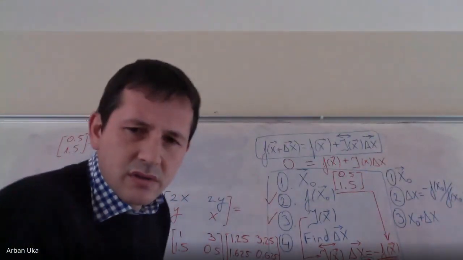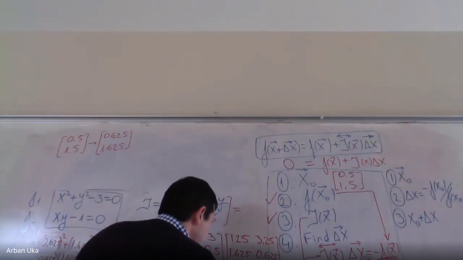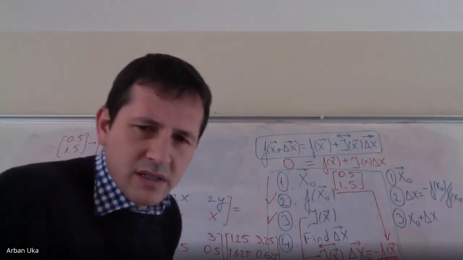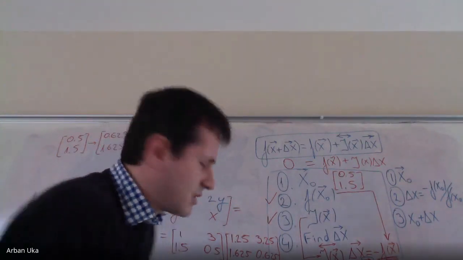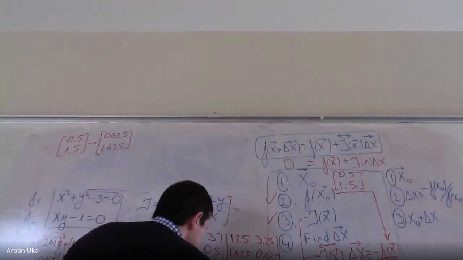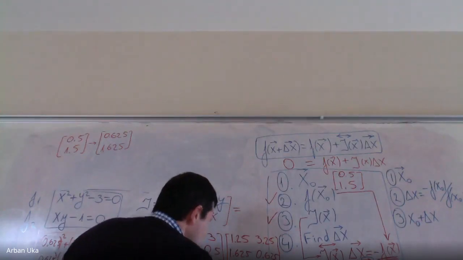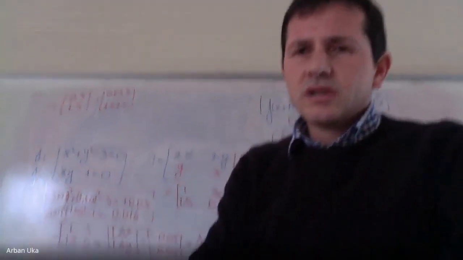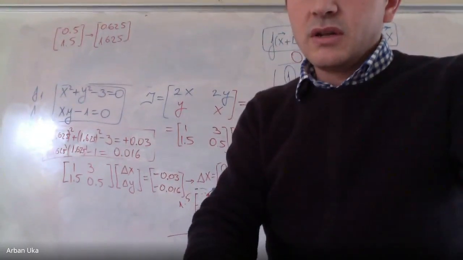And the other delta x is equal to minus 0.0065. Okay, so I needed to read this, so that's why I needed to read my screen.